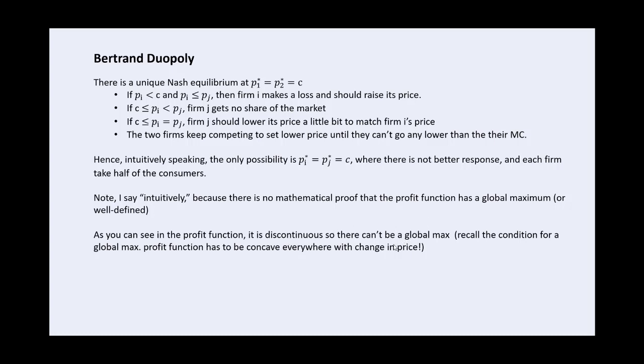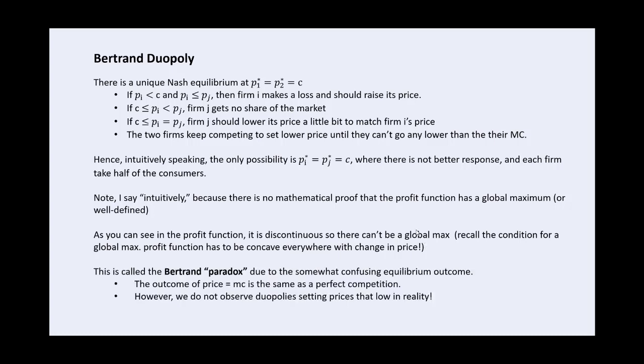But because this profit function is discontinuous, there can't be a global maximum. So this is called the Bertrand paradox due to the somewhat confusing equilibrium outcome. You don't see this in real life, where duopolies are setting their price equal to marginal cost. It's probably because they're not really perfectly competing with each other, as in a perfect competition.